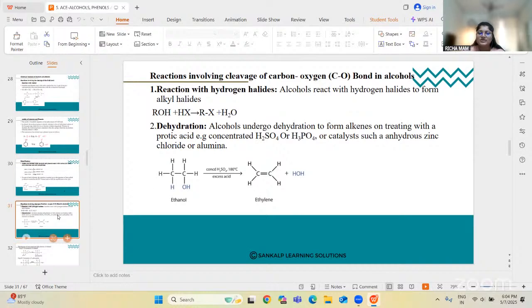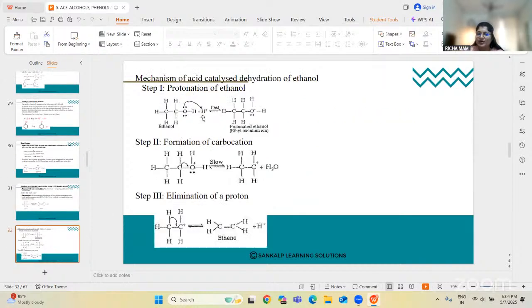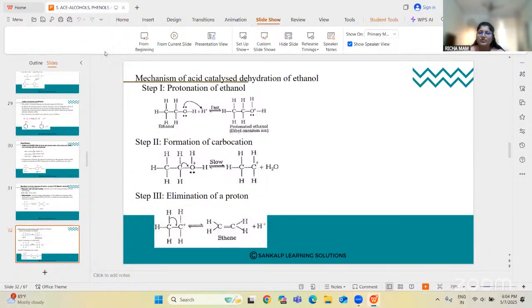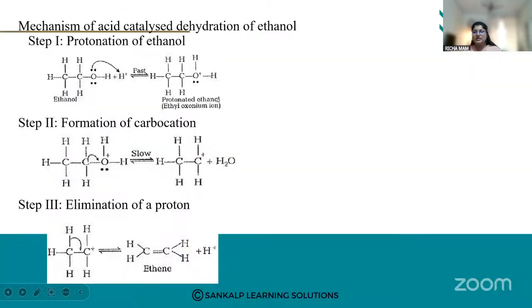The mechanism is very important, it is a 3 marks compulsory question to explain the mechanism. It involves 3 steps: first, protonation of ethanol; second, formation of carbocation; and third, elimination of a proton.